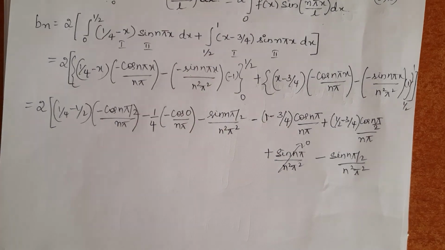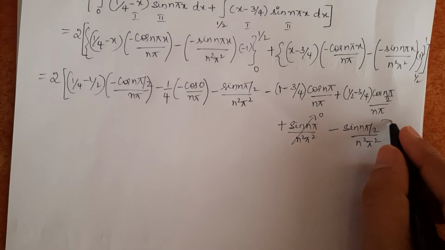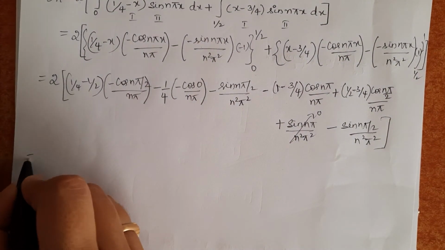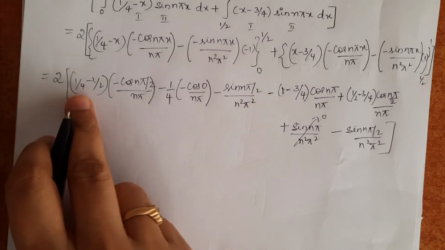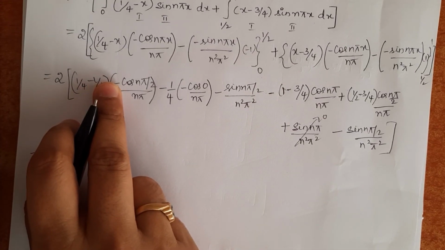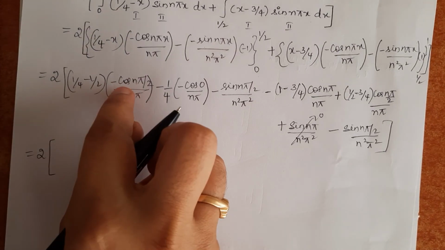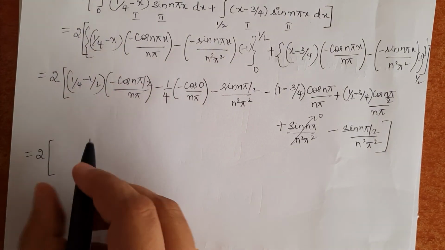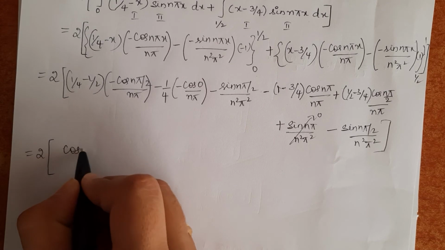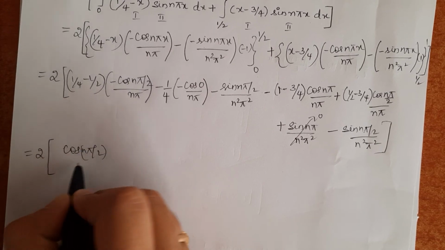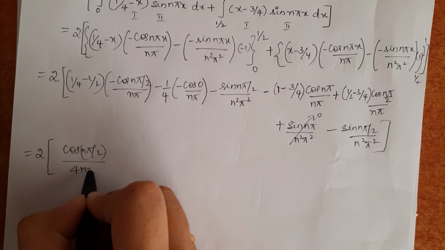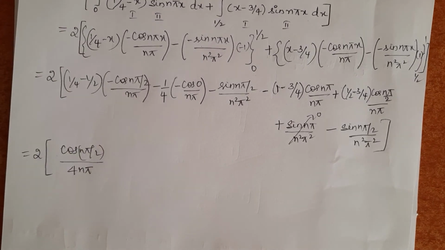Now, let us simplify the terms. This is equal to 2 into (1/4 minus 1/2), which is minus 1/4. Minus 1/4 into minus cos n pi by 2 by n pi is plus cos n pi by 2 divided by 4n pi. This is a plus term.